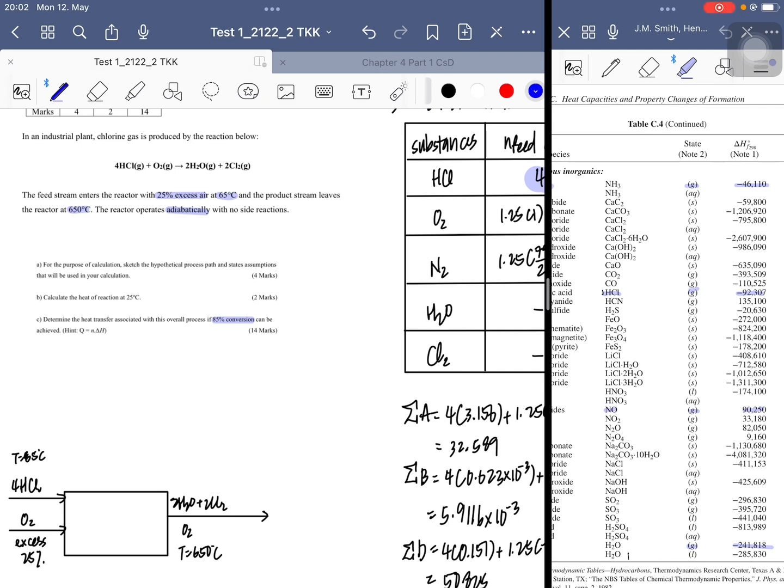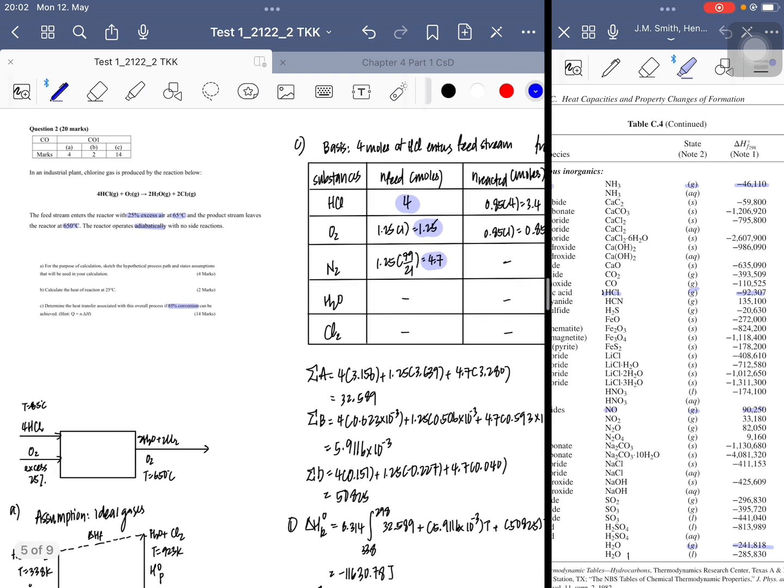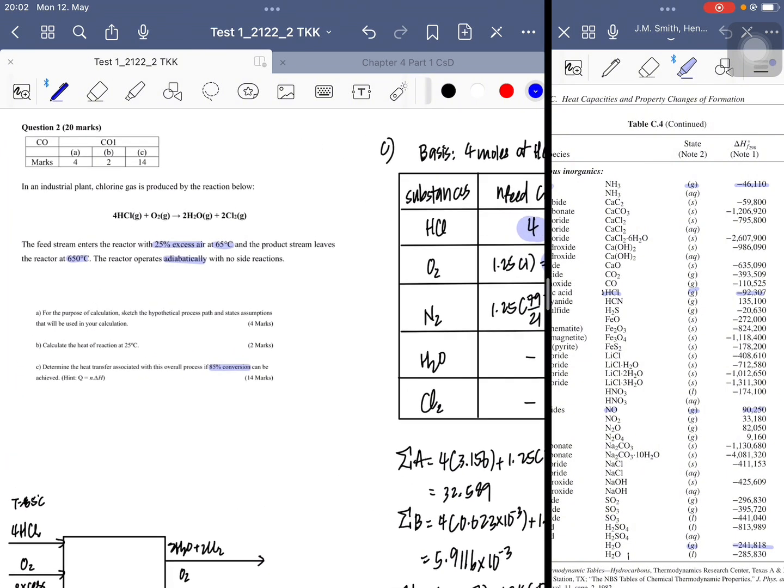But if 85% conversion, it means that only 85% of these reactants are converted into products. So it's not 100%, so there is excess. There is HCl at output. There is also O2 at output. So that is what is important. That's basically the definition of conversion.